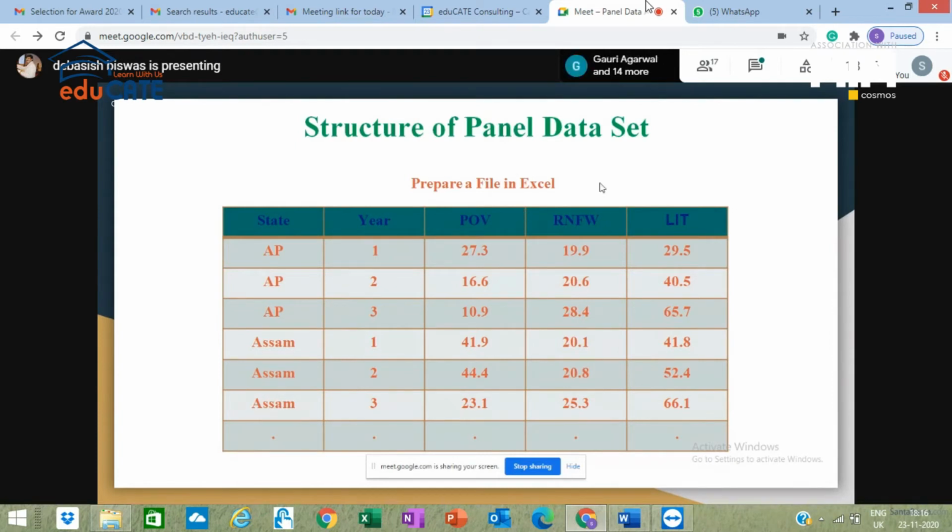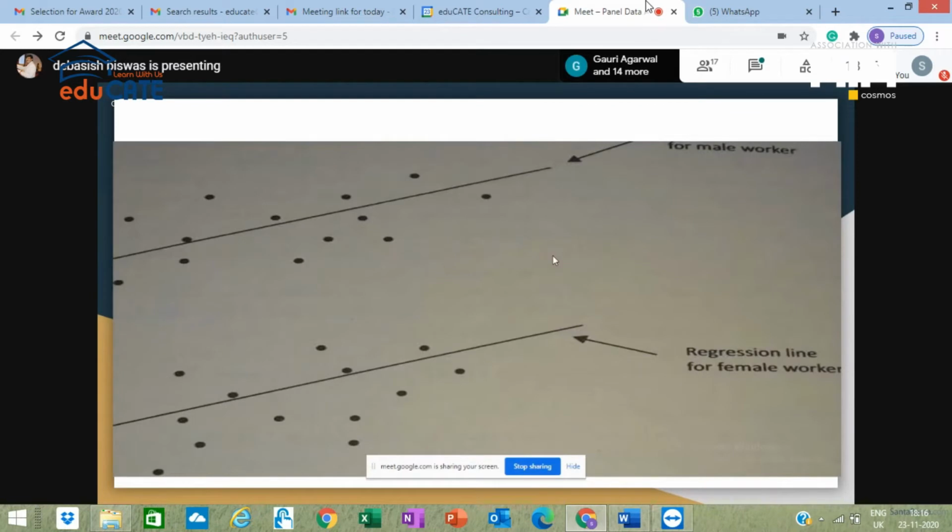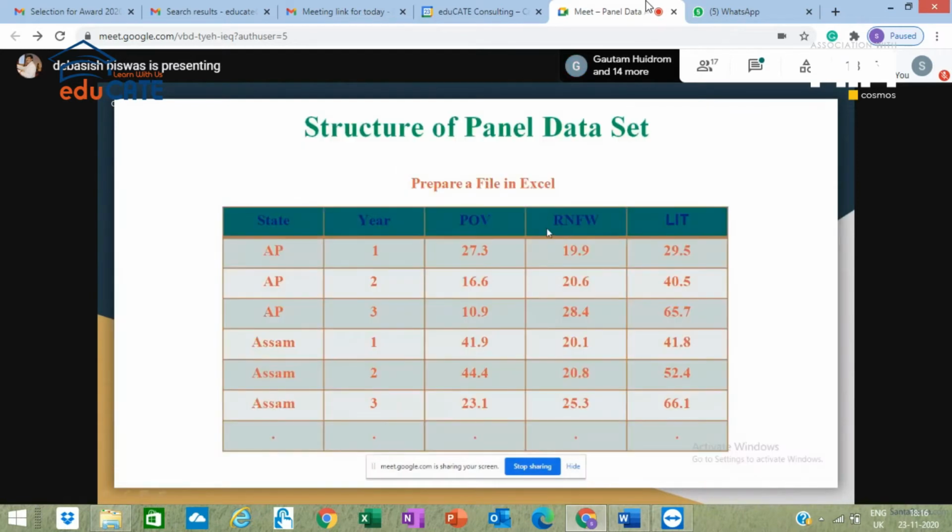Then you have to write your independent variables. You have considered two independent variables, so you write the names of those two here. In this way, first in your Excel file, you give the names of the variables, the time unit and the cross-sectional unit.